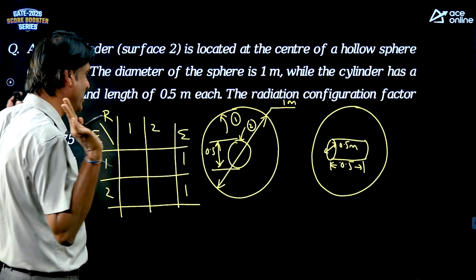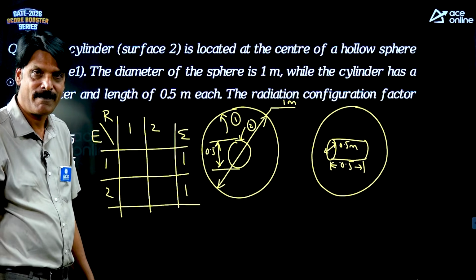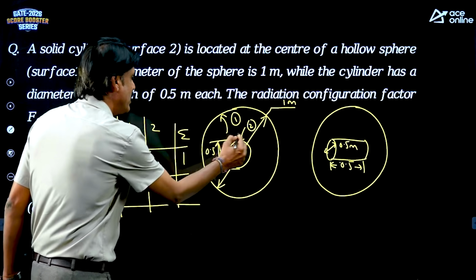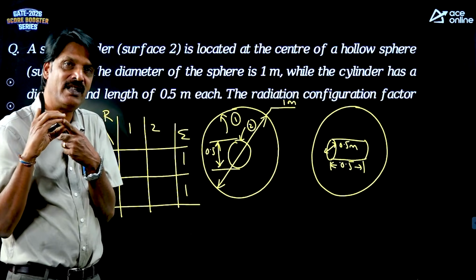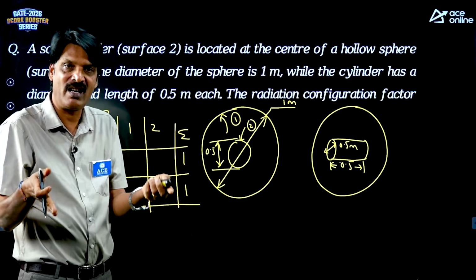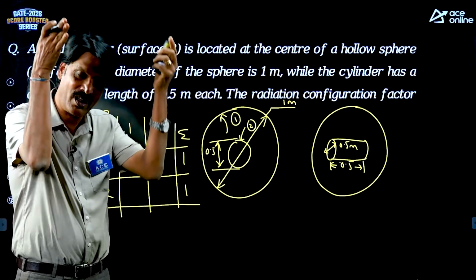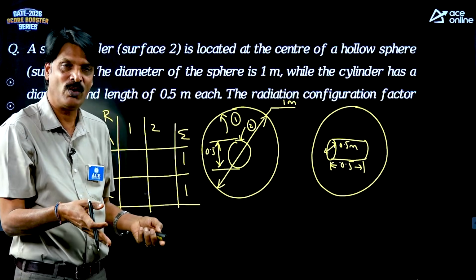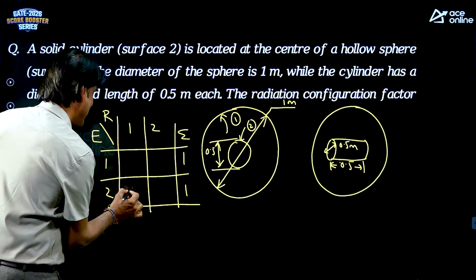This is my shape factor matrix. Now 2 is the inside cylinder which is convex and has 2 faces which are clearly plane walls, hence F22 is 0.